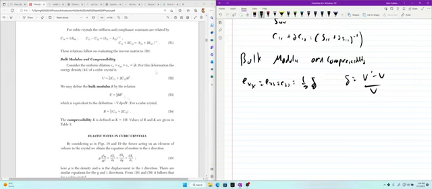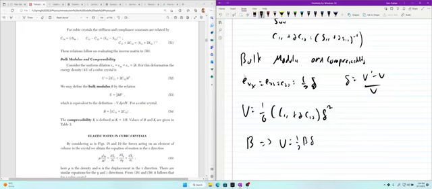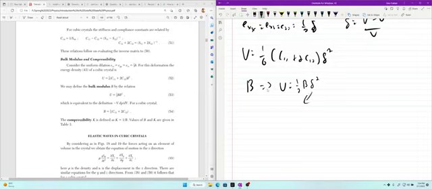For this deformation, the energy density of the cubic crystal is given by 1/6 (C11 plus 2C12) delta squared. So we can define the bulk modulus by the relation that U is equal to 1/2 bulk modulus delta squared, which is equivalent to the definition from delta, that B is minus V dP/dV, such that B is equal to 1/3 (C11 plus 2C12).